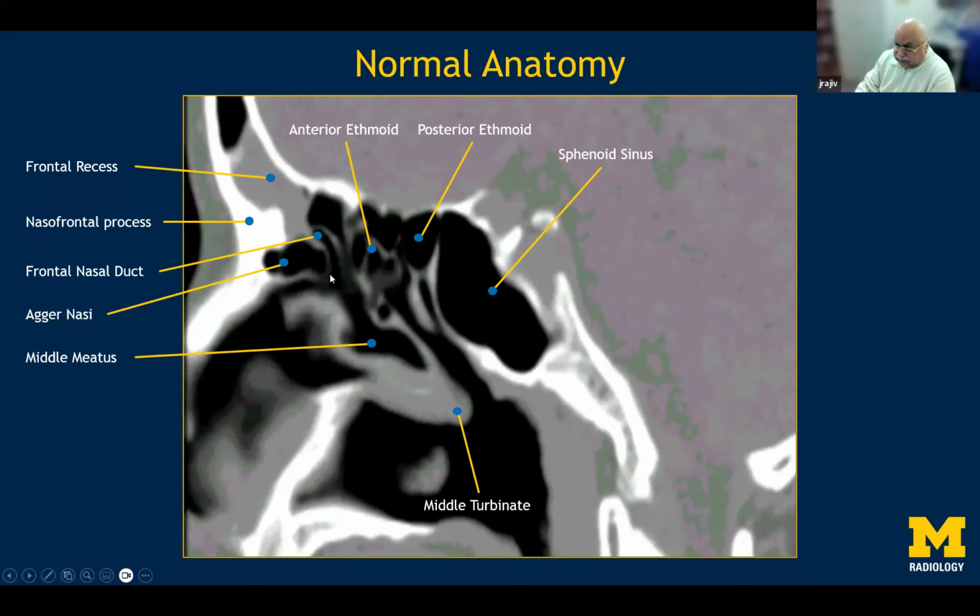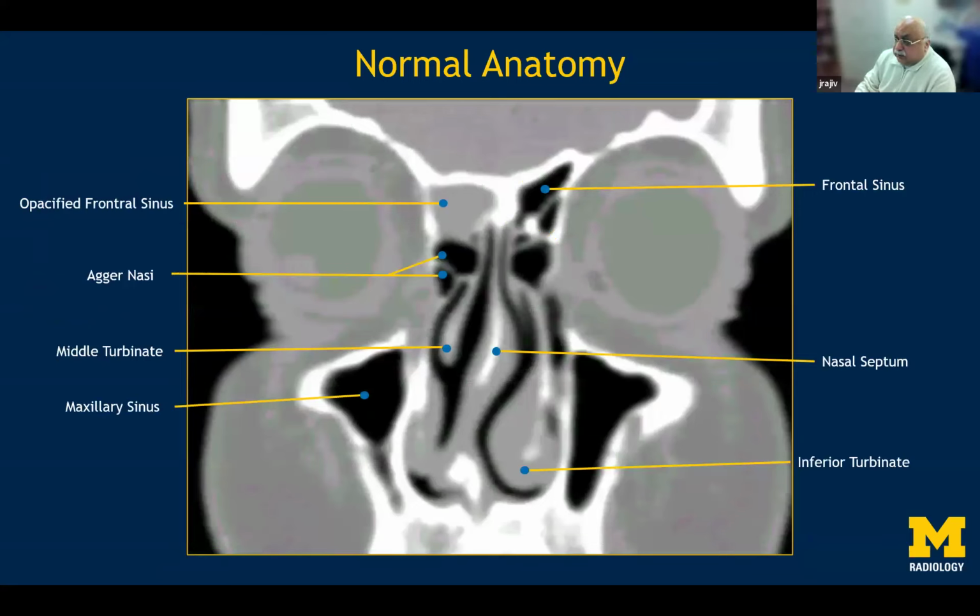Sometimes these, like in this situation, will try and invade the frontoethmoidal recess and the frontonasal duct here, as is shown in this particular reconstructed image in the sagittal plane. In the posterior projection in the coronal plane, you can see the opacification of the frontal sinus, and you can see the agger air cells coming up.